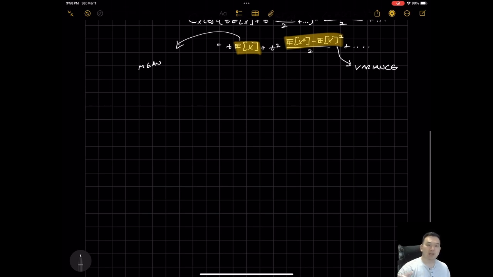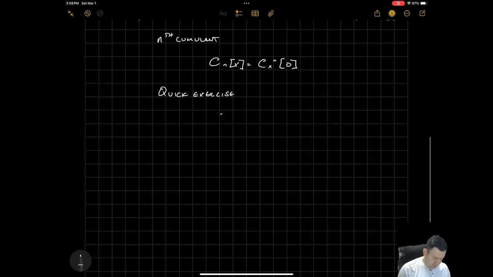So let's do a quick exercise to demonstrate this in a way similar to how we recover raw moments of the moment generating function. So the 0th cumulant is 0 at t equals 0.